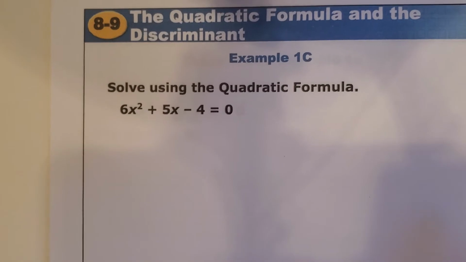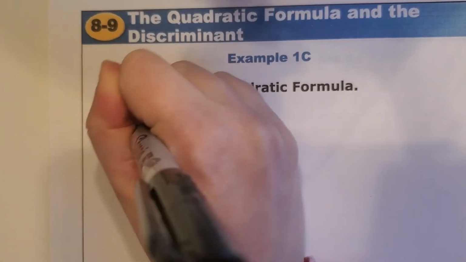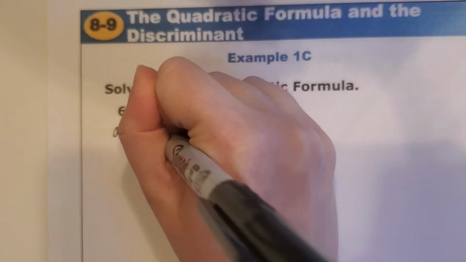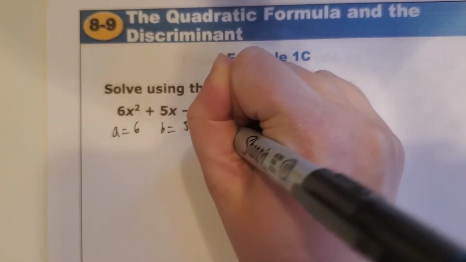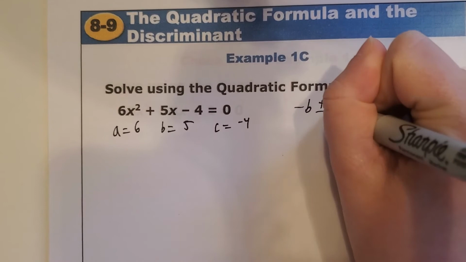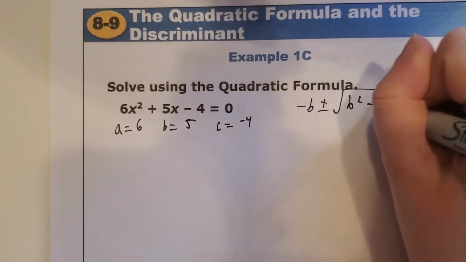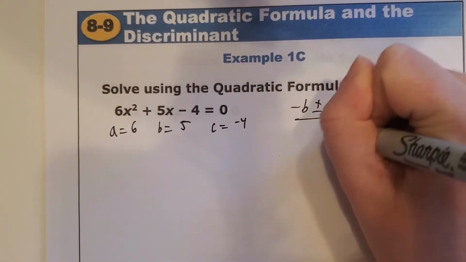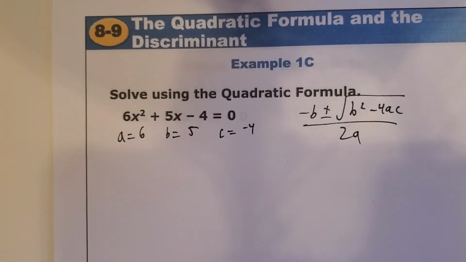Let's do it. All right. A is 6. B is 5, and C is negative 4. So, all right.